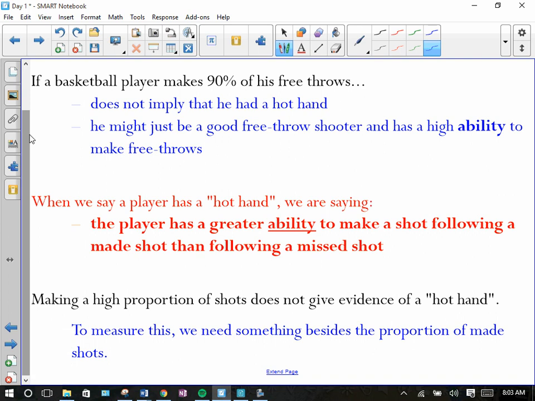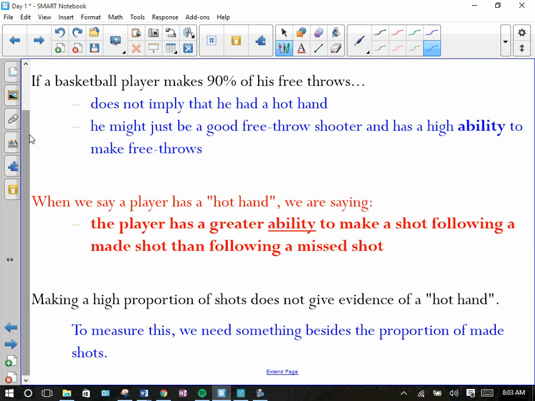Okay, so now this bottom part is probably the most important part on this slide. Making a high proportion of shots does not give evidence of a hot hand. That's kind of the same thing that the top said, but again, it's that important.